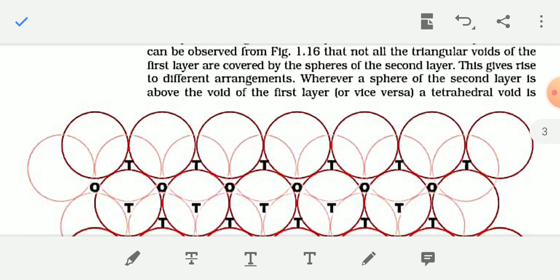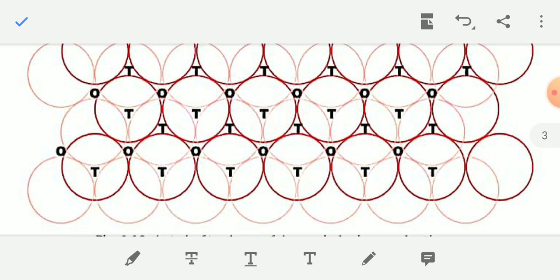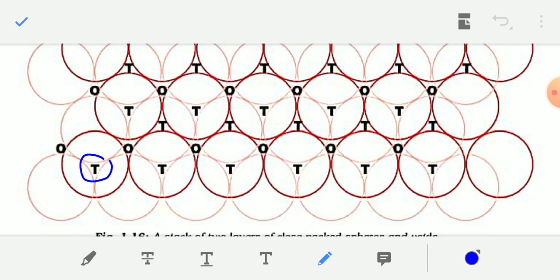Whenever a sphere of the second layer is above the void of the first layer, a tetrahedral void is formed. These are tetrahedral voids. The spheres of the second layer are placed above the depressions of the first layer in the triangular voids. So two types of voids are formed after placing the second layer.